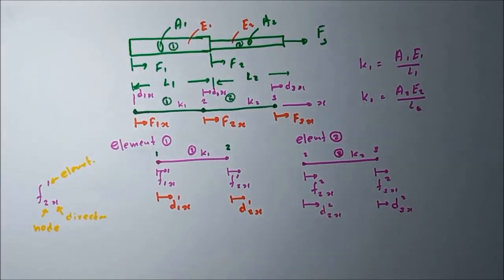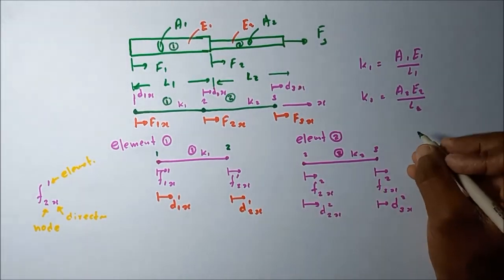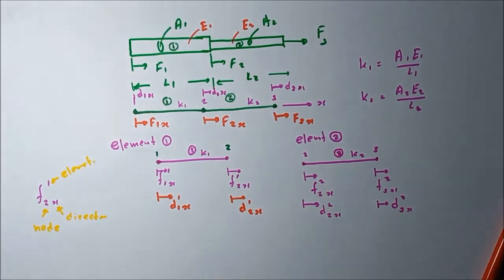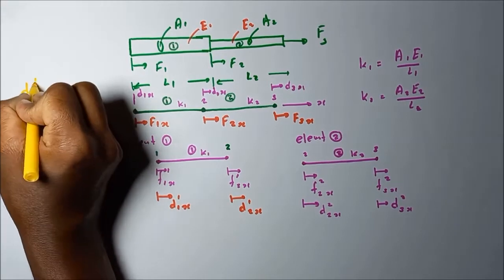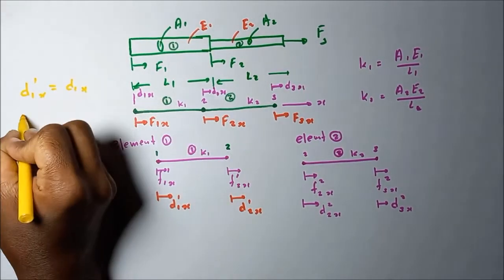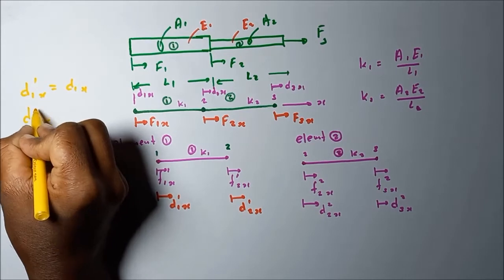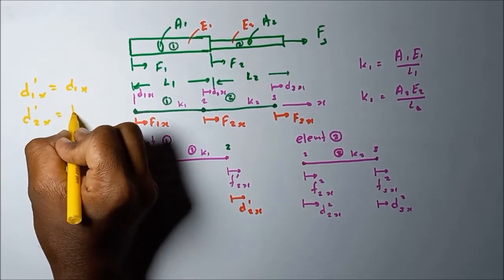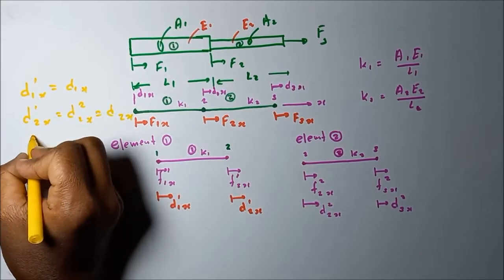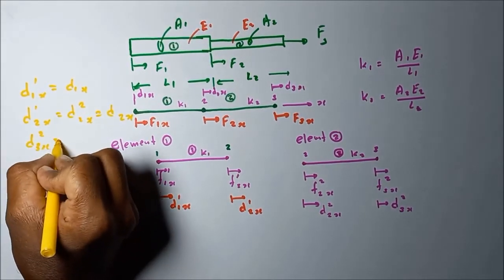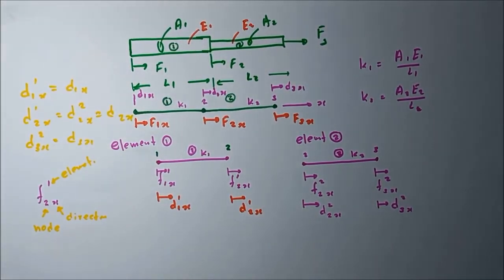Here, because it is a line element, these values are equal. That means if we take these values separately, for the bar assembly and for the element-wise model, d1x in element 1 is equal to d1x, d2x in element 1 is equal to d2x in element 2, which is equal to d2x, and d3x in element 2 is equal to d3x.